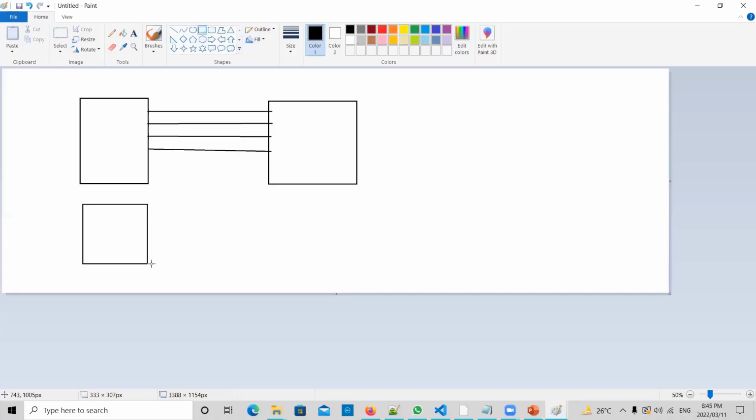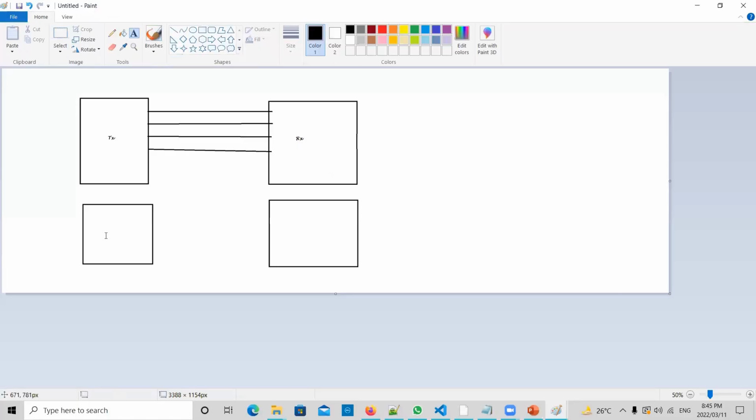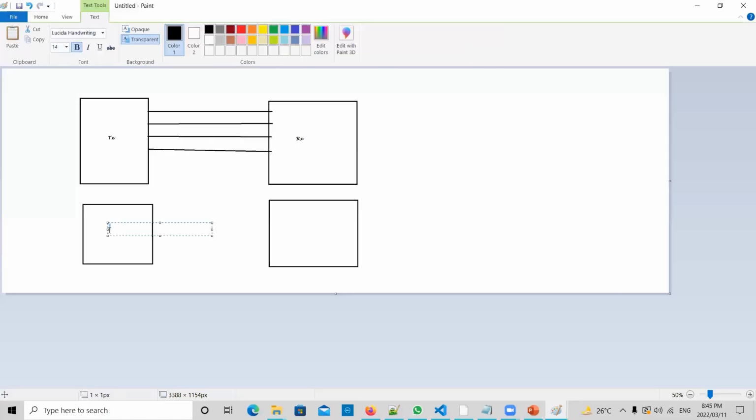Let's say this is your transmitter, TX node, and this is your RX. This is your TX, and this is your RX.